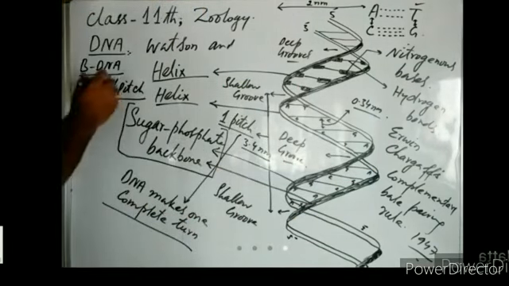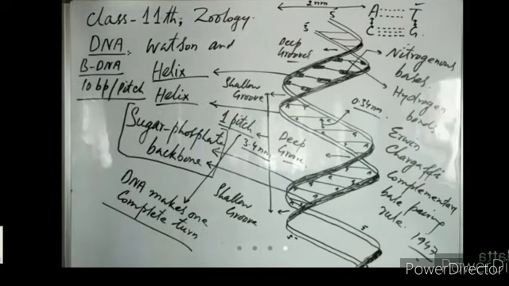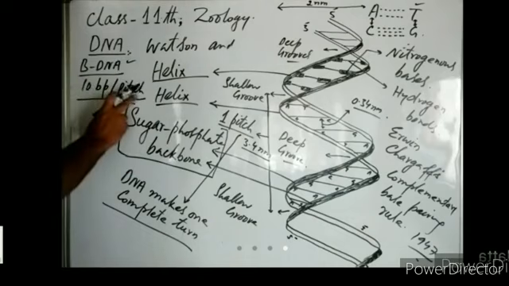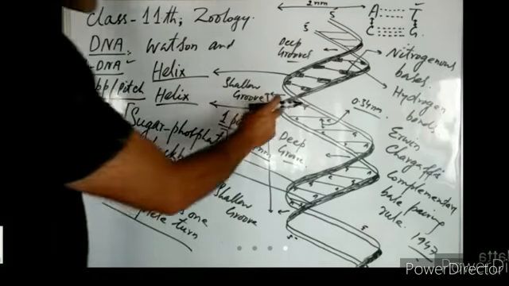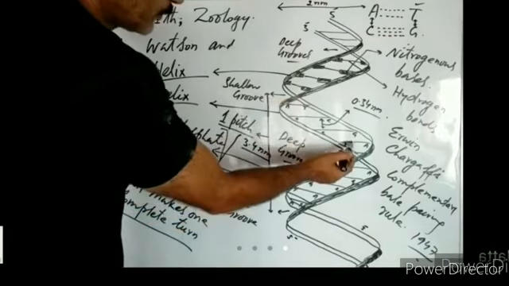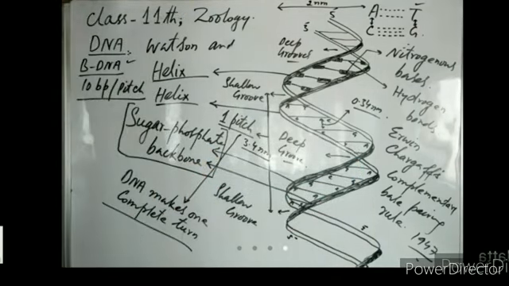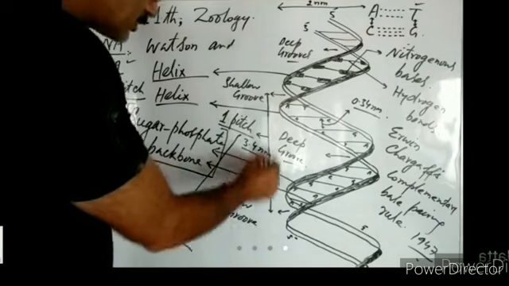And how many base pairs are present per pitch? As I told you, there are different types of DNA. The DNA which is naturally occurring in the cells of living organisms is B-DNA. In B-DNA, there are 10 base pairs per pitch, right? So there are 10 base pairs, 1, 2, 3, 4, 5, 6, 7, 8, 9, and 10. What is the length of one pitch?